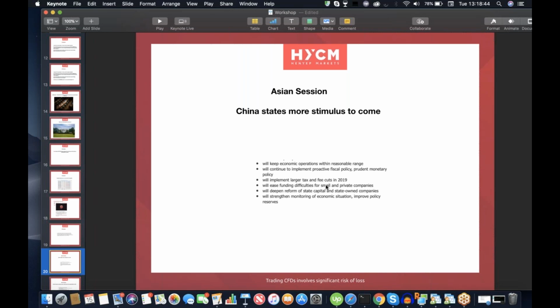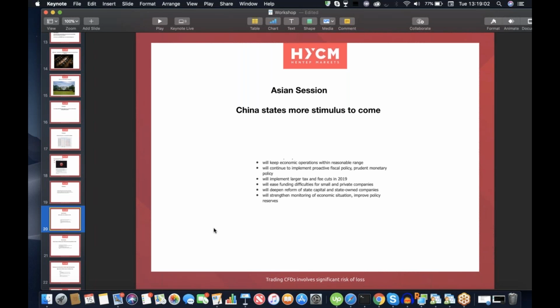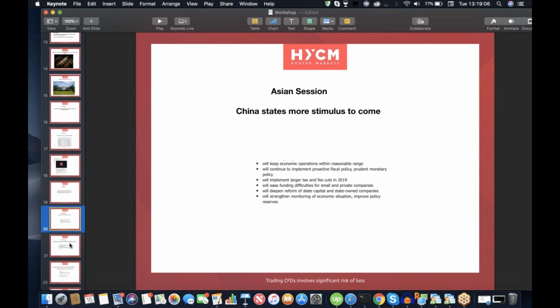They're going to ease funding difficulties for small and private companies, so they're going to make it easier for companies to get access to loans, etc. They're going to deepen reform of state-owned companies, and they want to strengthen monitoring of the economic situation and improve policy reserves. So in other words, China is saying that they're going to give more stimulus to the economy. Okay, so that was good news overnight.